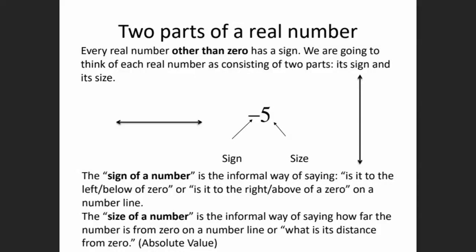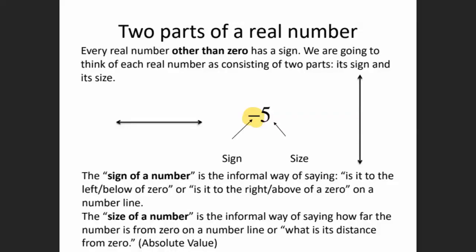Now, every number other than 0 has a sign. And it has two parts that you need to consider. The sign is either going to be a positive or a negative sign. Now, positive numbers don't always have signs.